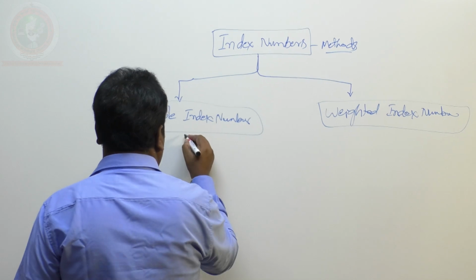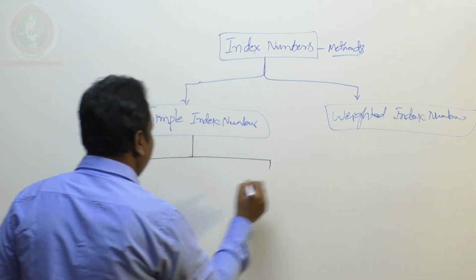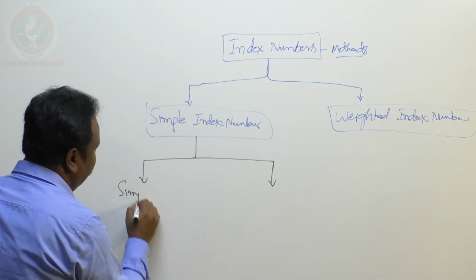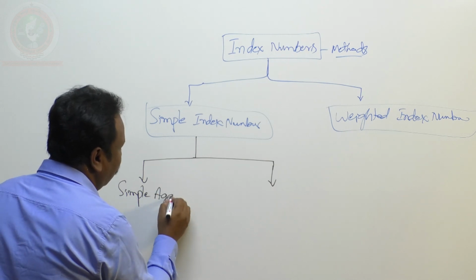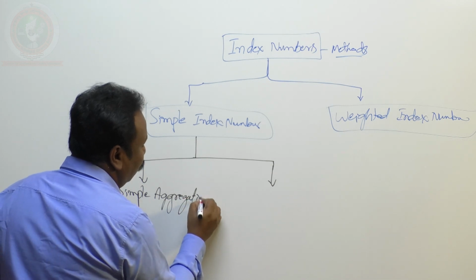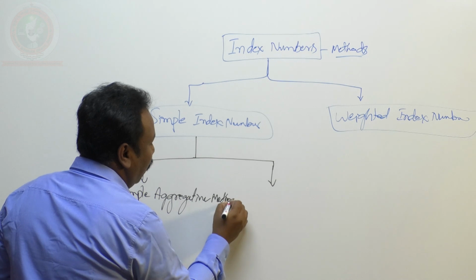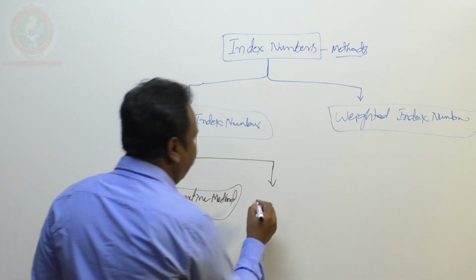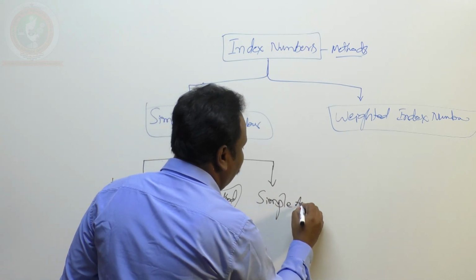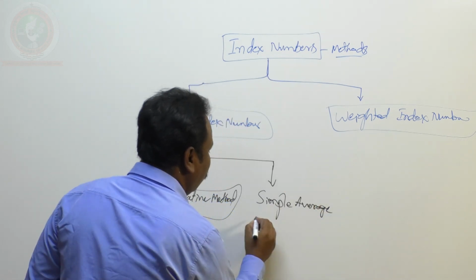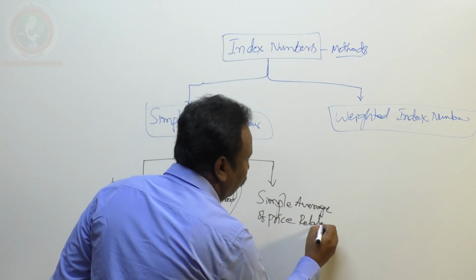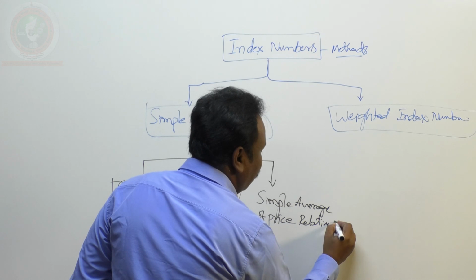In simple index number, again we classify into two types of categories. That is, the simple aggregative method and the simple average of price relative method.